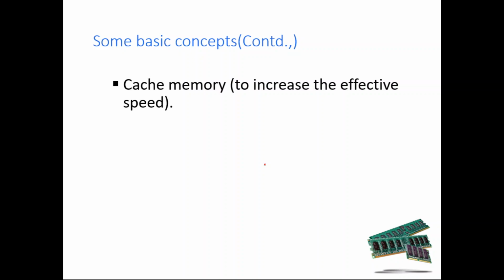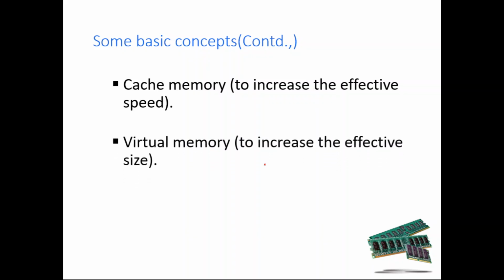The most frequently used data will be available in the cache memory, and cache memory will be very close to the processor. So the processor can read the frequently used data from the cache memory more quickly than getting it from the main memory, which is a lengthy process.